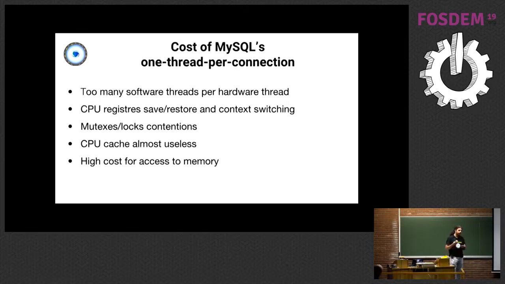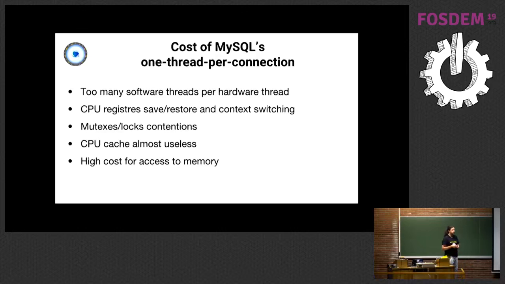The cost, again, is not specific to MySQL, but applies to any application that uses this model of having one thread per connection. Basically, in short, you have a lot of software threads, while the number of physical threads in the CPU is way less. So you have a lot of context switches because the CPU every time has to switch from one software thread to another one.